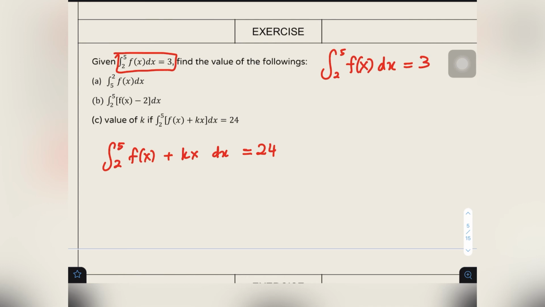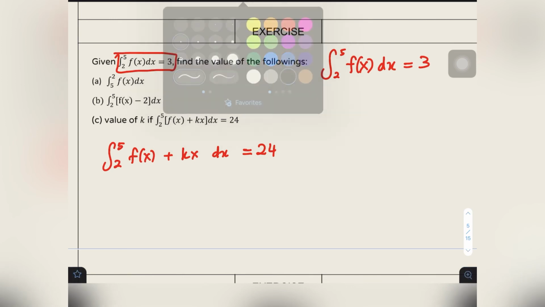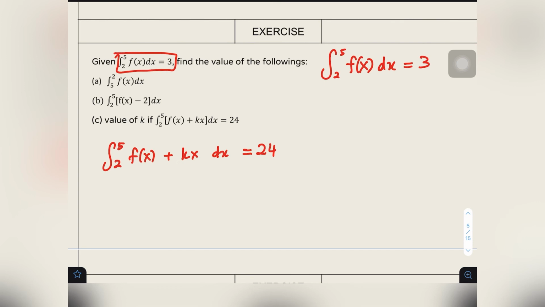Use the properties of the integrals that we learned before, where the properties said that if you have two different functions, then you can separate both of them by giving them each their own integral. So now we give them their own integrals. So you have from 2 to 5 of the f(x) dx, okay, plus now from 2 to 5 of the function kx dx. K will be constant.